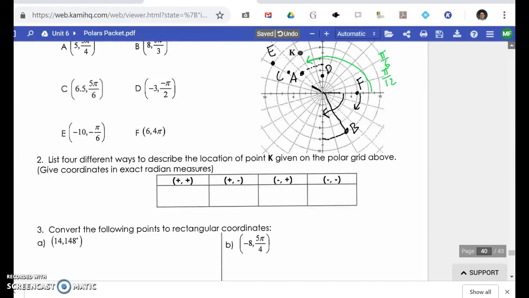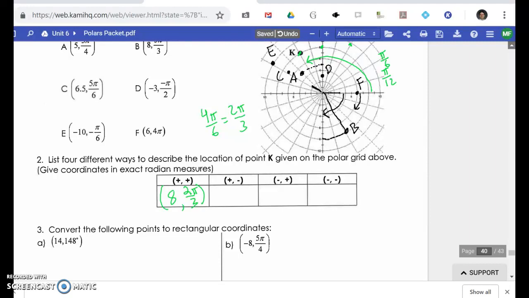And if we keep counting, so that's pi over 6, 2 pi over 6 would be here, 3 pi over 6, and then this is 4 pi over 6. 4 pi over 6, if you reduce that, is equal to 2 pi over 3. So our angle for K is 2 pi over 3 in the positive direction, and the radius of K appears to be 8. And if you looked at the answer key, it says 7.